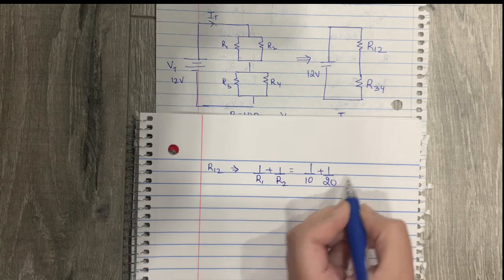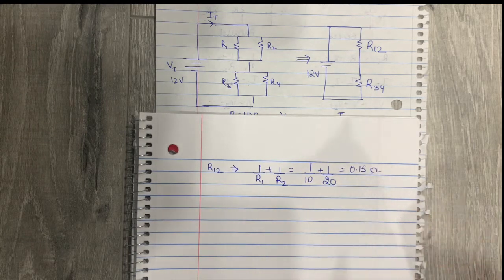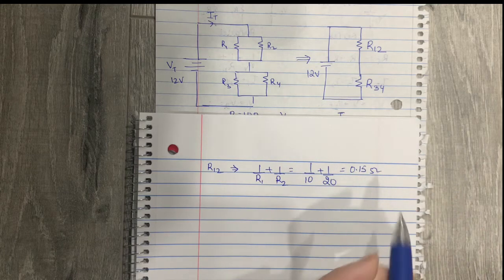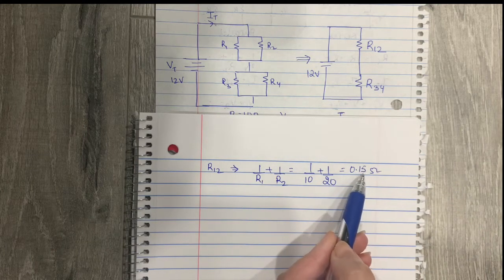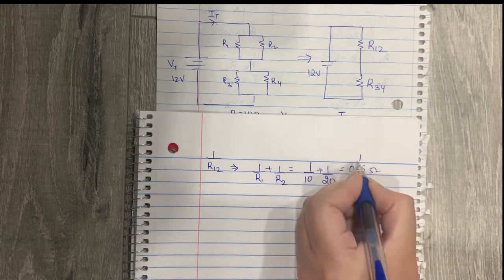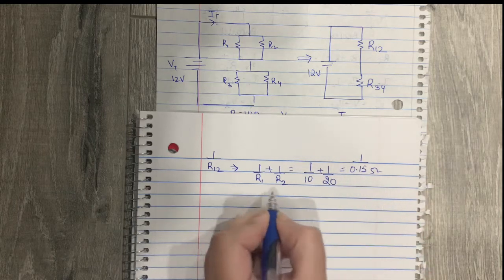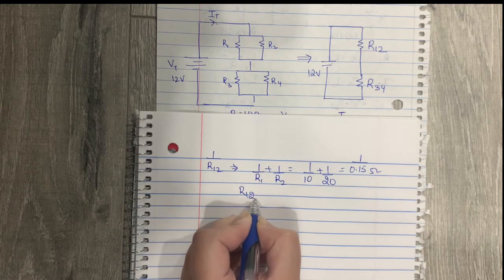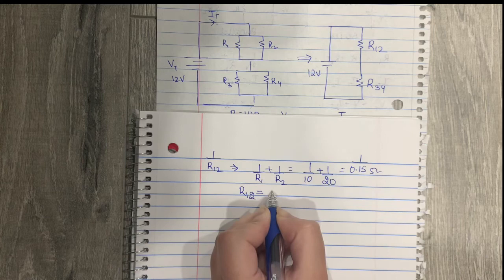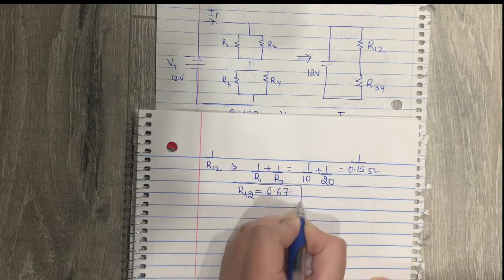The sum of this value comes out to be 0.15 ohms. Now please be careful here. This is not the final value of R12. This is the reverse value. We need to divide 1 by this value, and the answer that we get is the final value of the resistance, which is around 6.67 ohms.